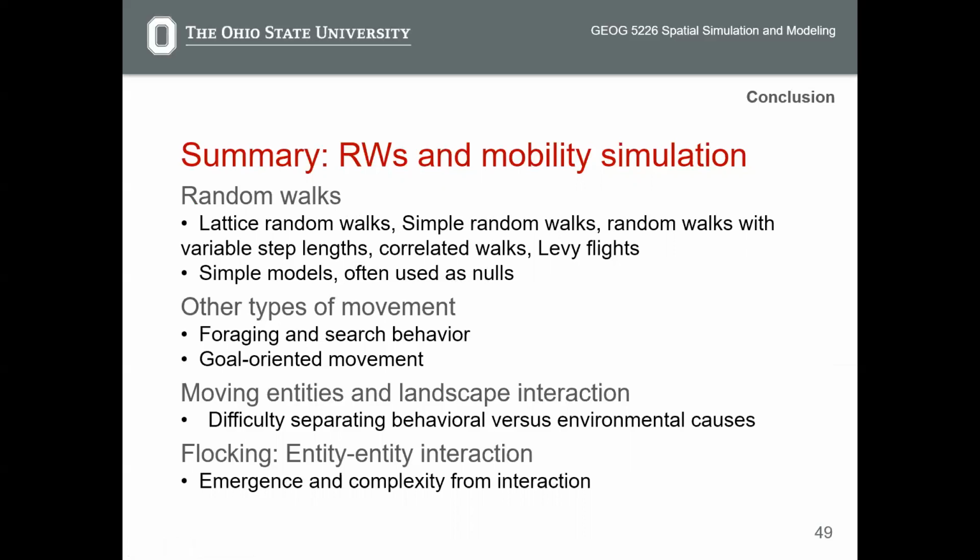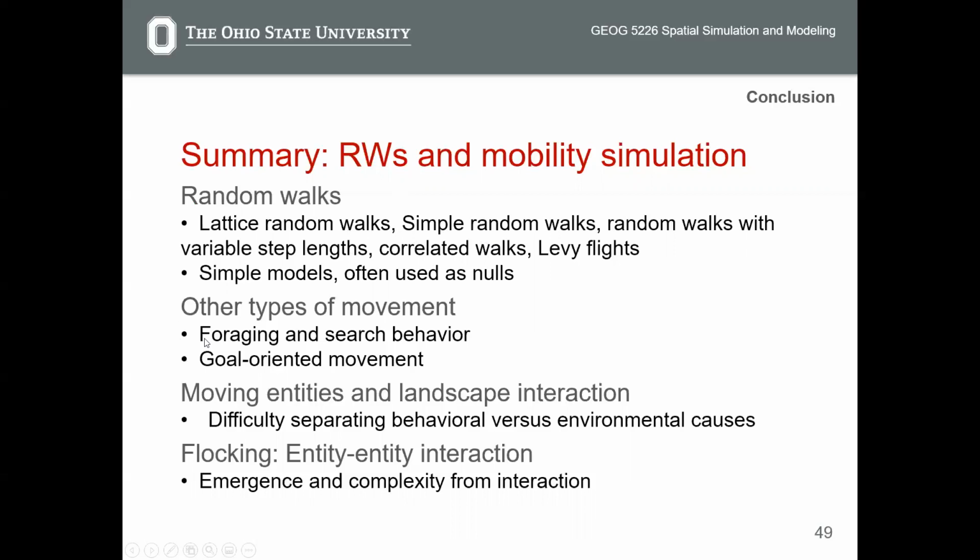For example, I'm observing a movement and it looks like it follows Lévy flights, which means this entity is moving with small steps usually, and suddenly it jumps a big distance, and then repeats the small steps. Obviously, it is following Lévy flights, so you can try to use this model to address the movement of the entity you're interested in. That's the reason why these basic models can be considered null models.